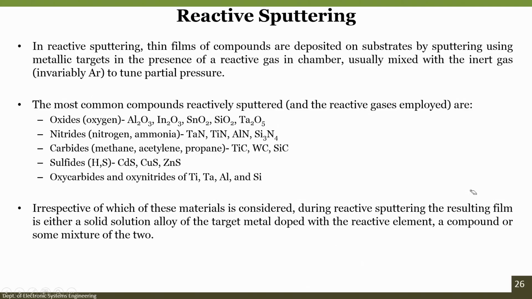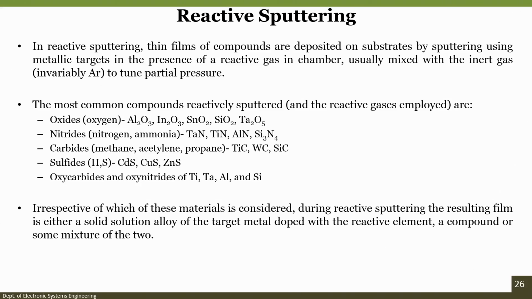Now, let us go to the last one, which is reactive sputtering. In reactive sputtering, thin films of compounds are deposited. So, not just one film, but multiple films or compounds can be deposited. For example, aluminum oxide, indium oxide, tin oxide, indium tin oxide, silicon dioxide, titanium nitride, aluminum nitride, silicon nitride, or titanium carbide.